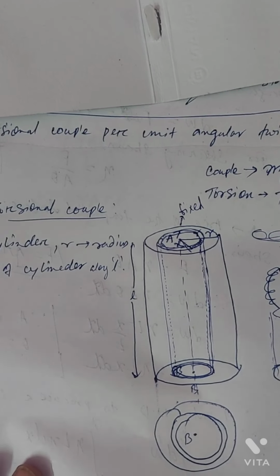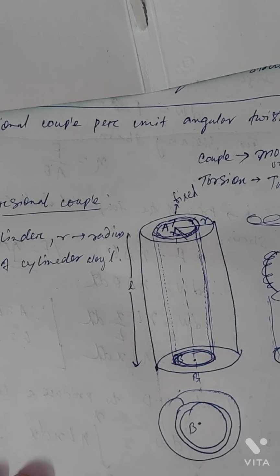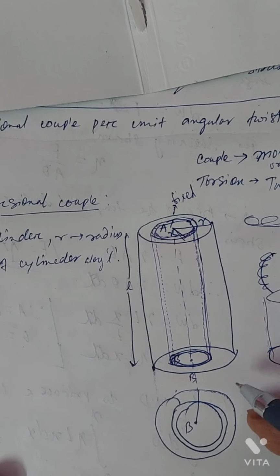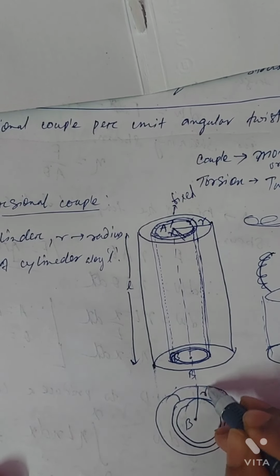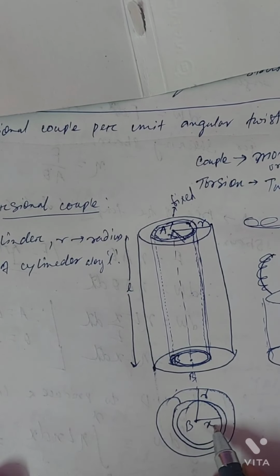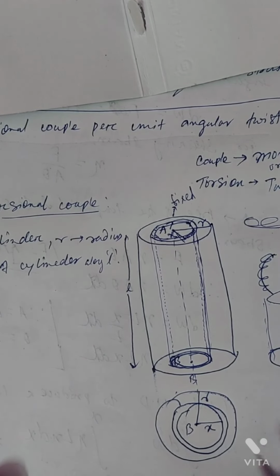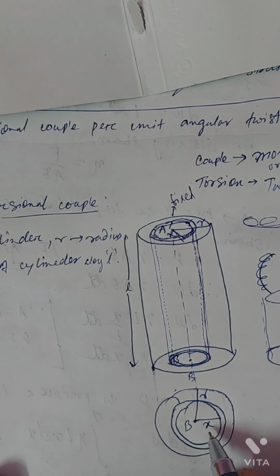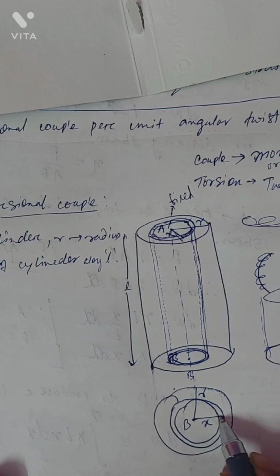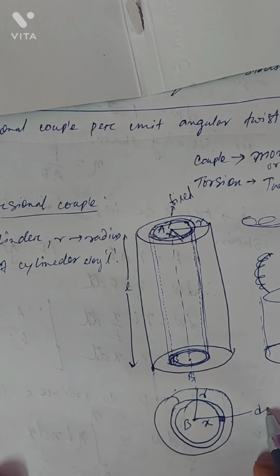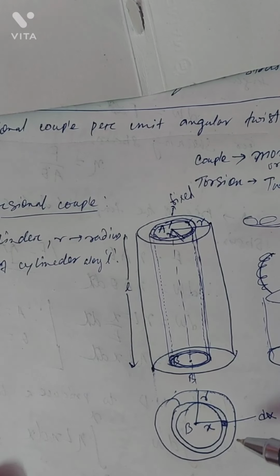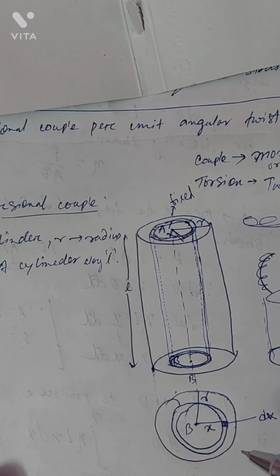Now this is the total radius of the cylinder R, and this is the radius x of the elementary hollow cylinder. Its thickness is dx.